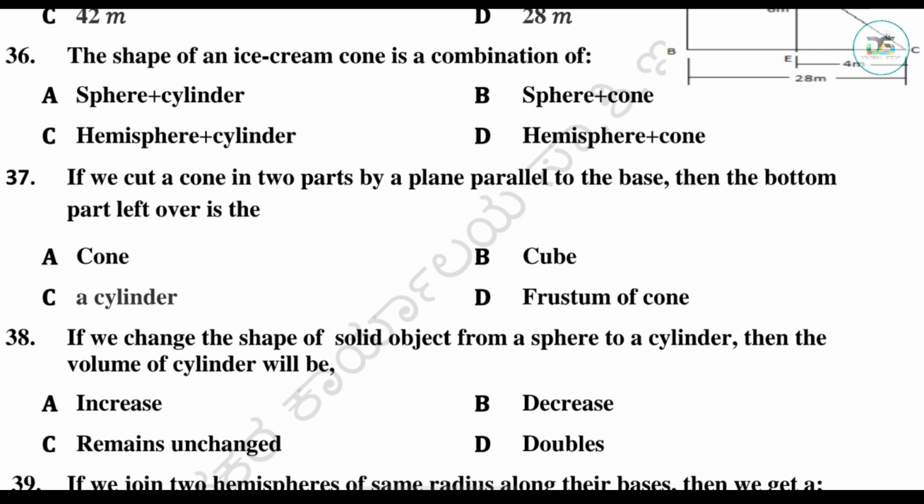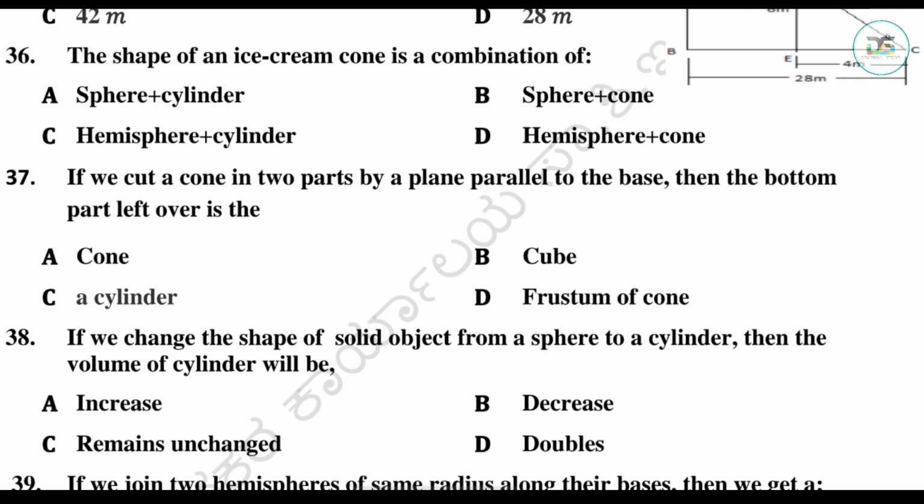If we cut a cone in two parts by a plane parallel to the base, then the bottom part left over is, options are option A, cone, option B, cube, option C, cylinder, option D, frustum of cone. Here the right answer is option D, frustum of cone. We can see a frustum of cone when a cone is cut in two parts by a parallel plane.